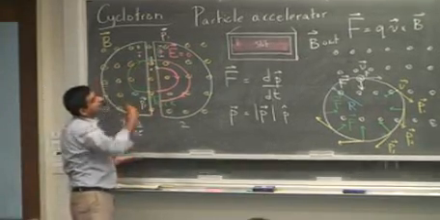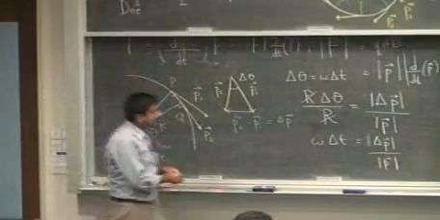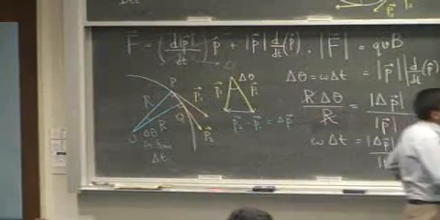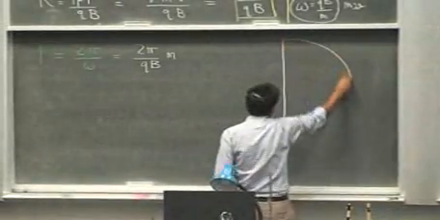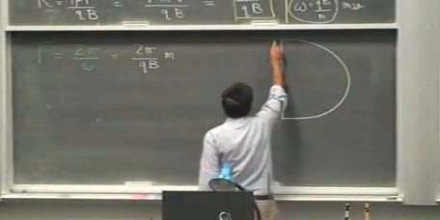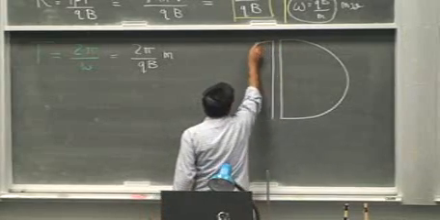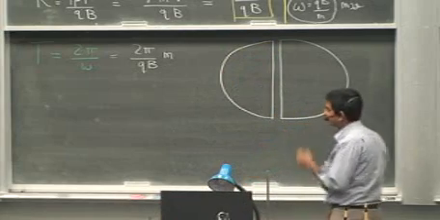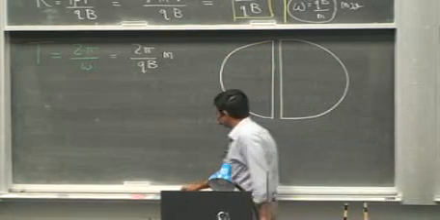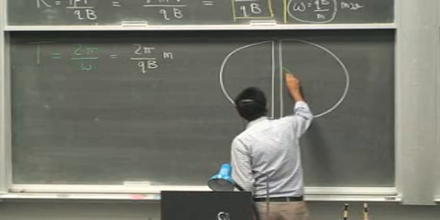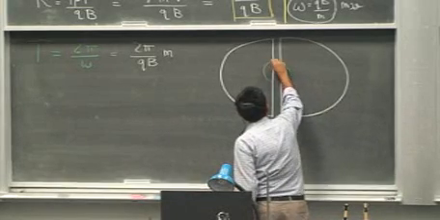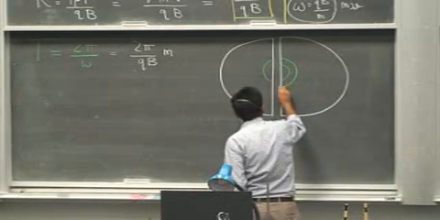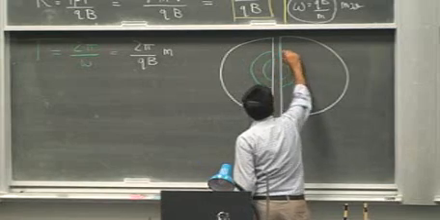So if I draw the approximate trajectory of this particle, what's the approximate trajectory? Small circle, big, bigger, bigger.